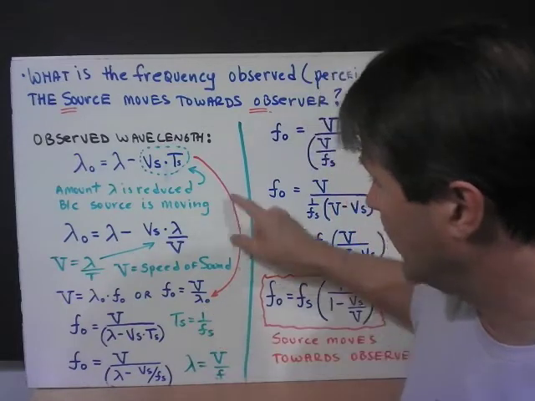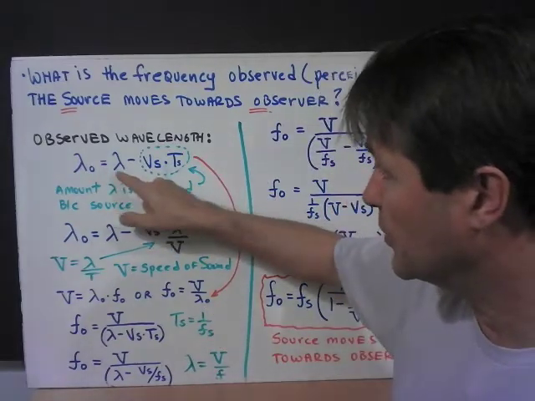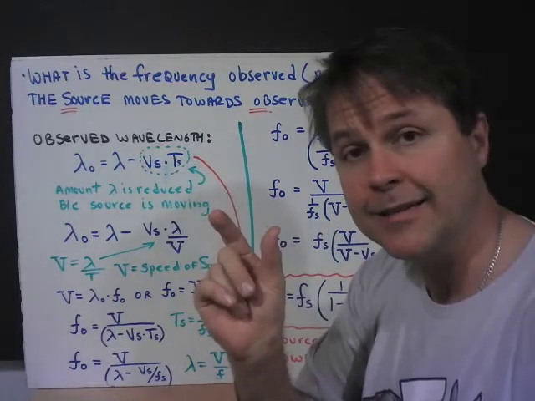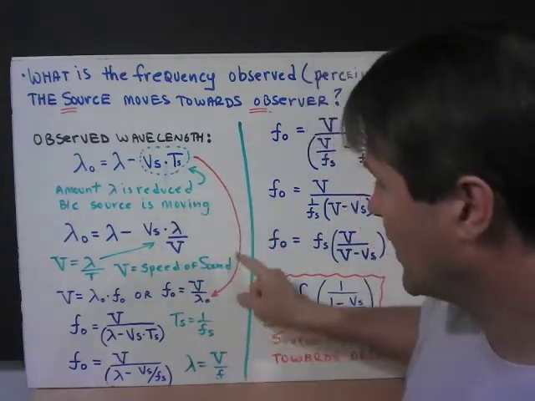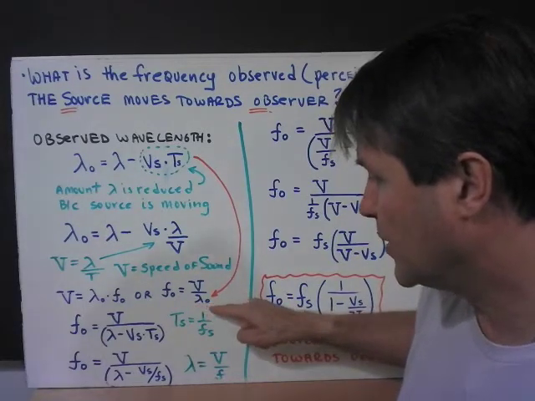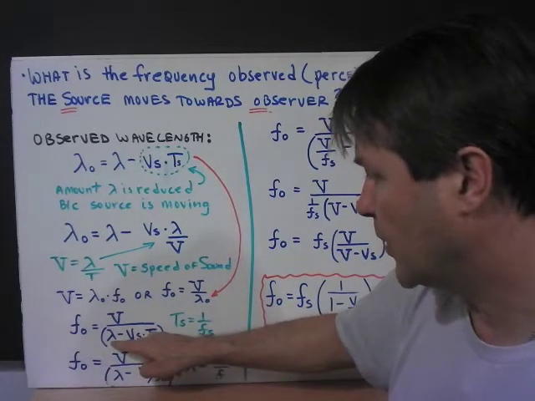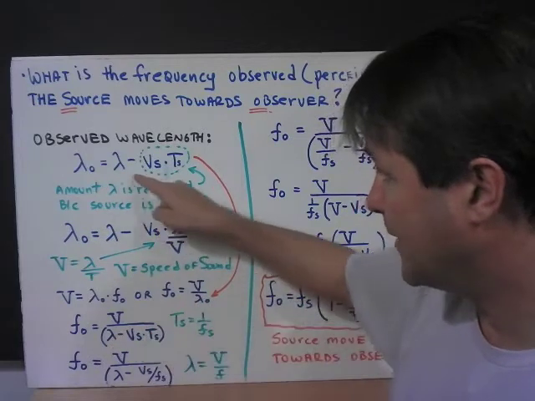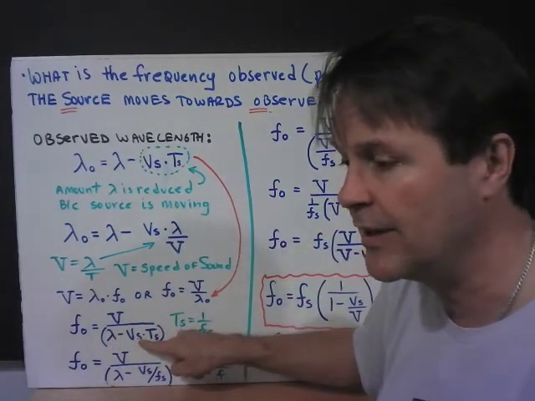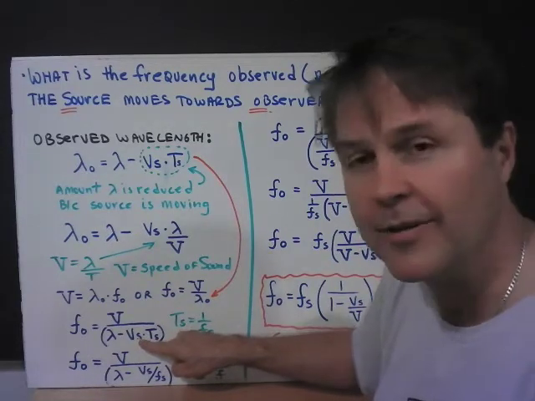Now the observed wavelength, we said, is equal to the original wavelength minus the reduction in the size of that wave. So we can substitute that lambda O in the equation. So we just take that and move it down to the denominator.